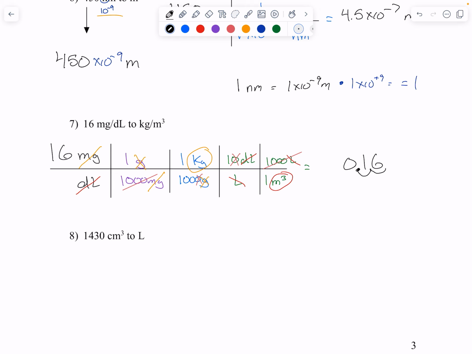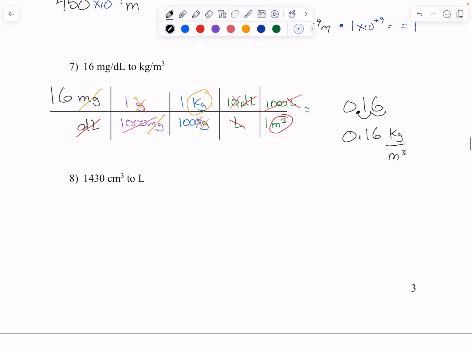So it's 0.16 kilograms per meter cubed. That's why I like the metric system. Not because I think it's better or that I don't like the feet and miles and all that stuff. Basically chemistry, it's nice.